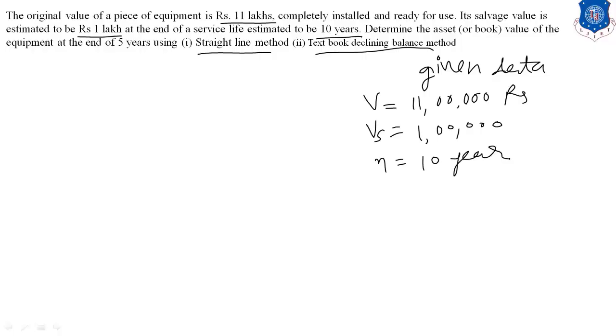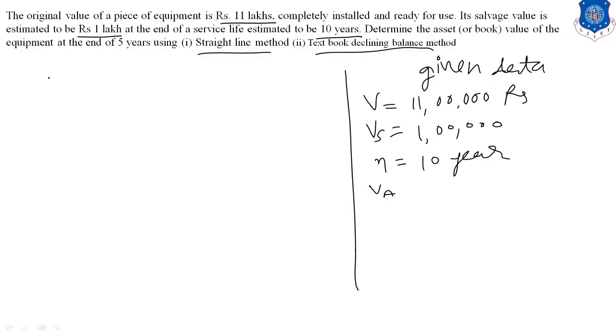We have to calculate the asset value at the fifth year of using that equipment. So let's first find the depreciation using the straight line method. Then we are going to find the depreciation using the textbook declining balance method.